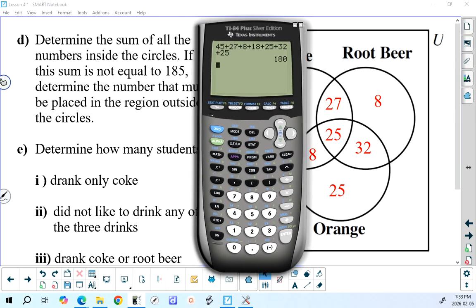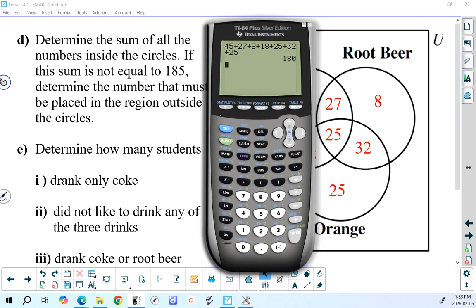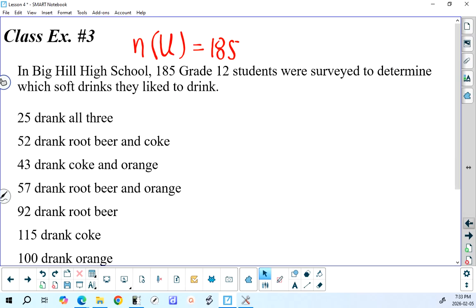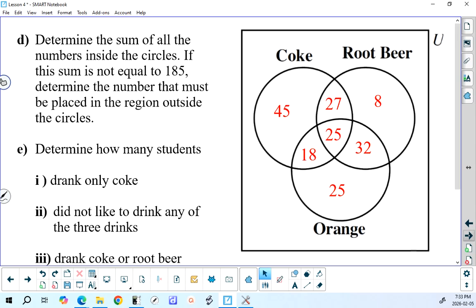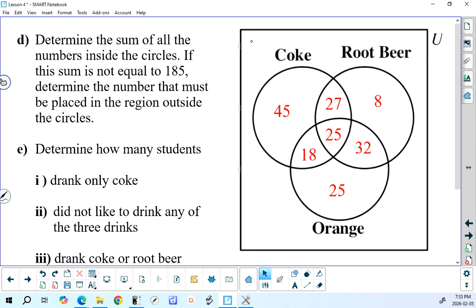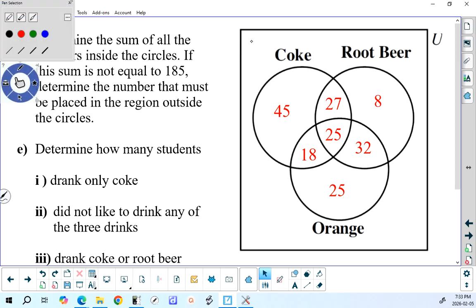It gives you 180, but the universal set was 185 because there were 185 students who were surveyed. And that means that this must be 5. There must be 5 students in this region of the Venn diagram. Those students are not in any of the Coke, root beer, or orange sets.